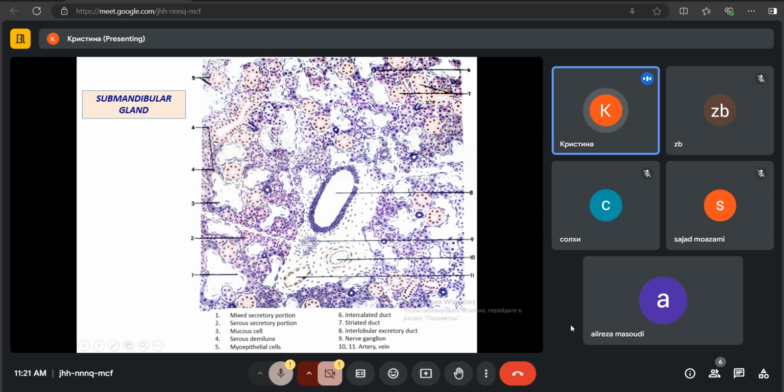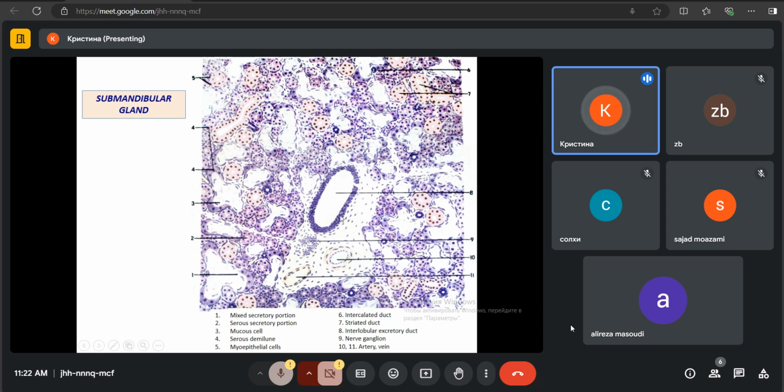So here we have the striated duct. It is composed of elongated columnar cells which are oxyphilic because of a lot of mitochondria. So these oxyphilic structures are striated ducts. They also are surrounded with myoepithelial cells as well as the intercalated ones.